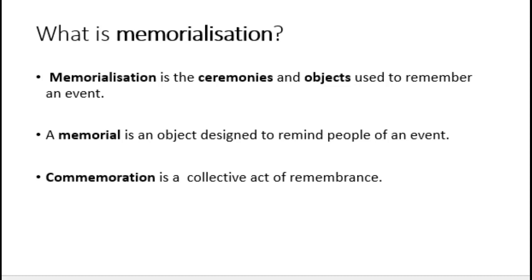If you look down at your sheet, you'll see I've marked commemoration and collective, the C-O, in red. That's because C-O at the beginning of a word as a prefix normally means something done by more than one person. So when we commemorate, we remember as a community.